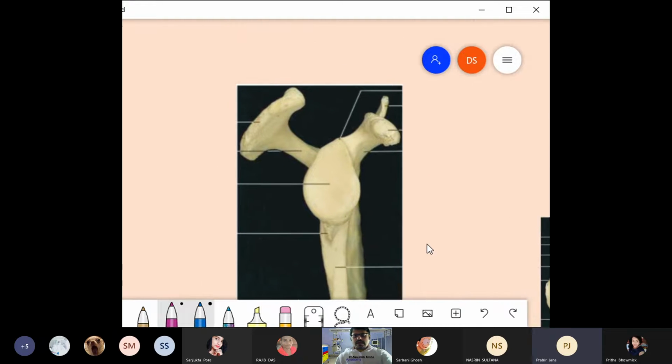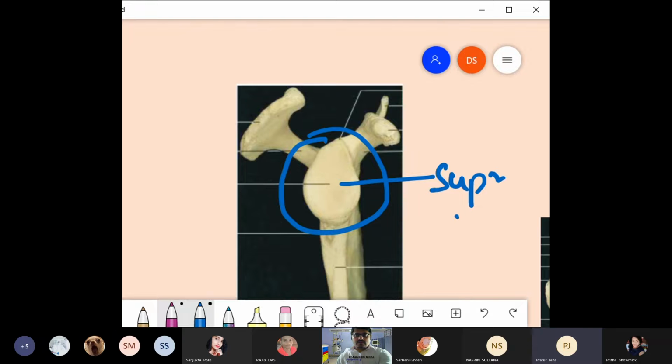See, this diagram exposes from the side the entire glenoid cavity. I mean, this cavity is not the supraglenoid cavity. This cavity is the glenoid cavity.